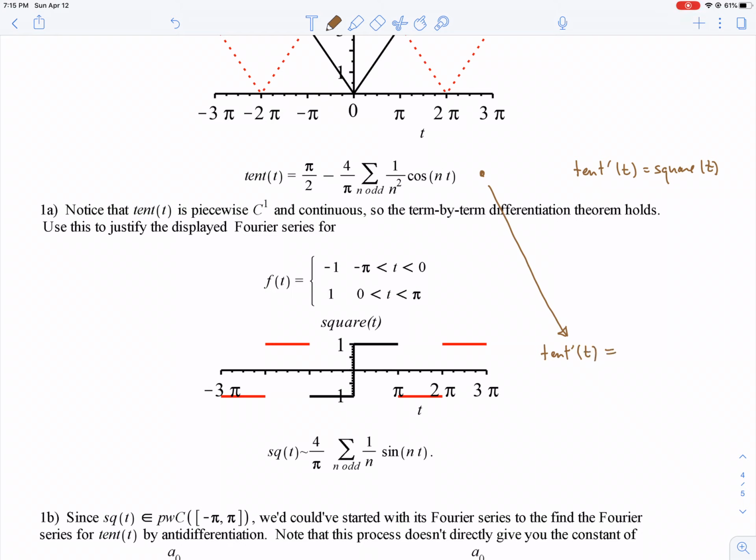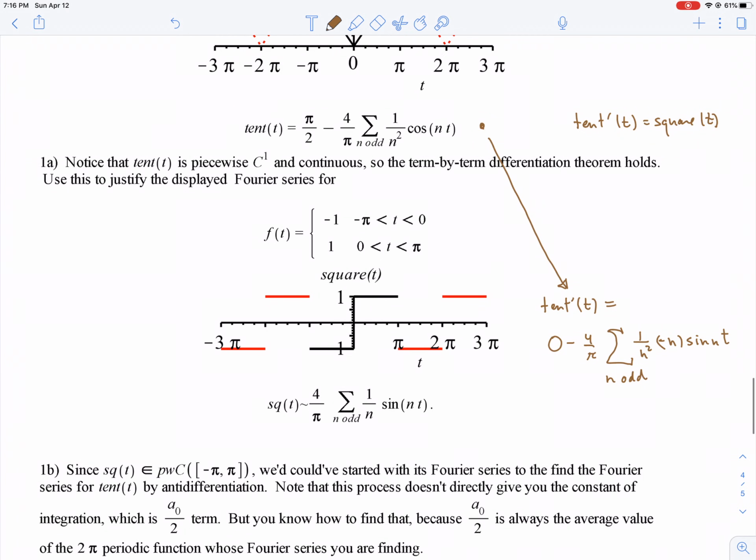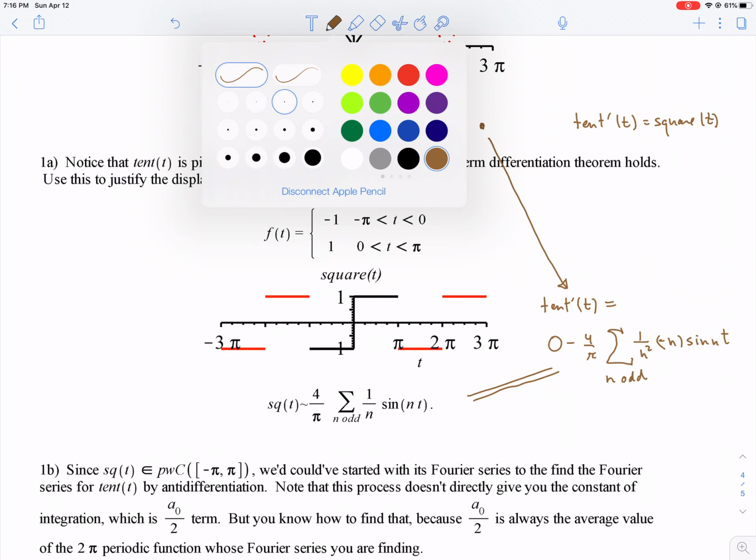Tent prime of t is 0 minus 4 over pi, the sum over n odd of 1 over n squared. Derivative of cos nt is minus n sine nt. And the two minuses give me a plus. The n over n squared gives me a 1 over n. So that's the differentiation theorem.